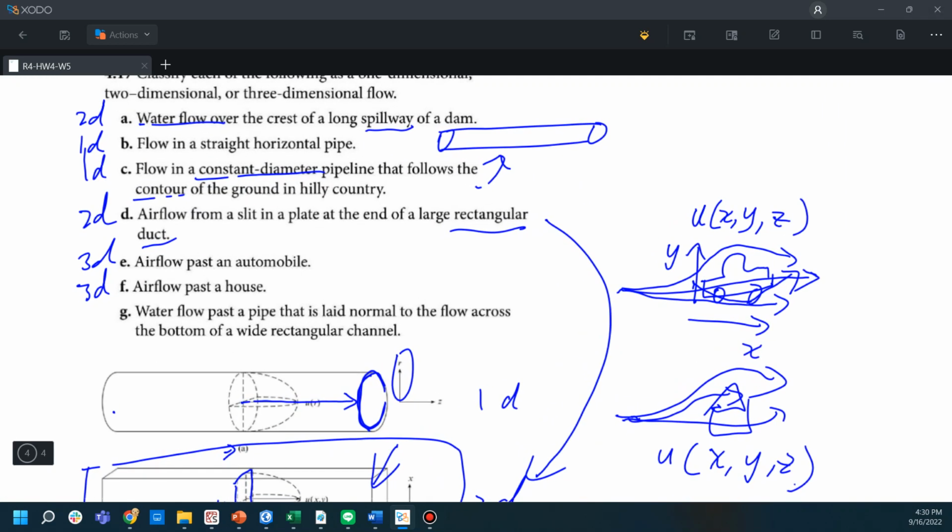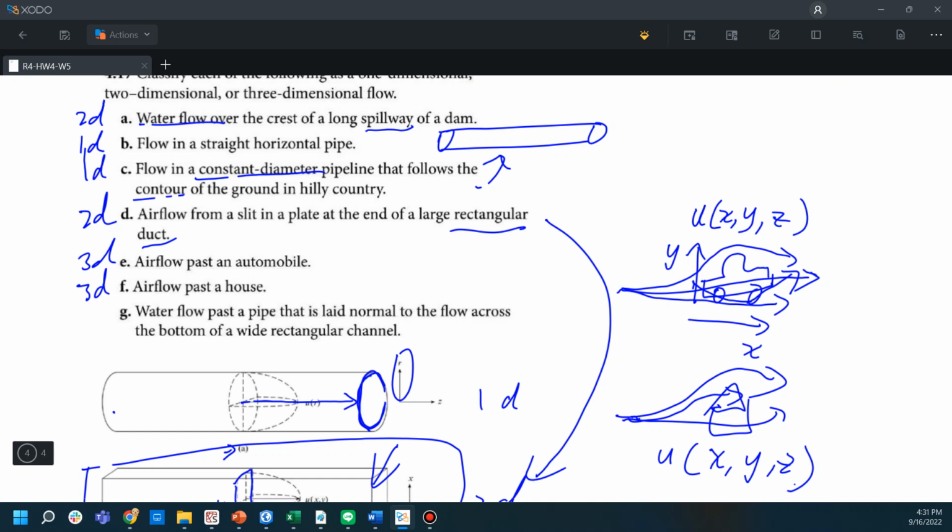Hey, I couldn't draw on it. Let me see what happened. Okay, let me try it again. Okay, now I can draw it.